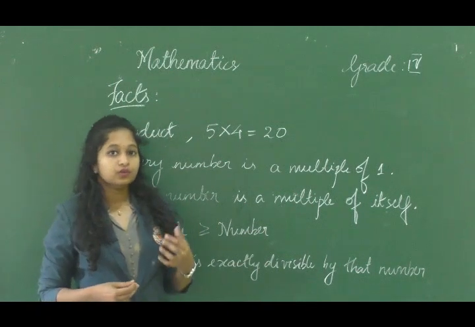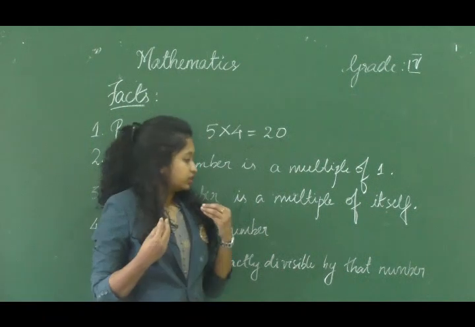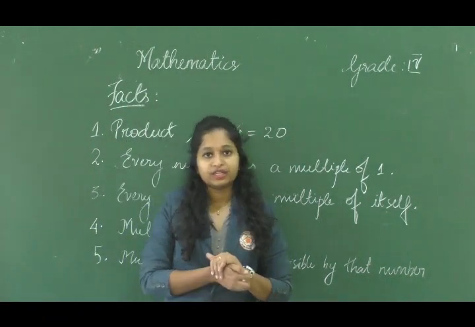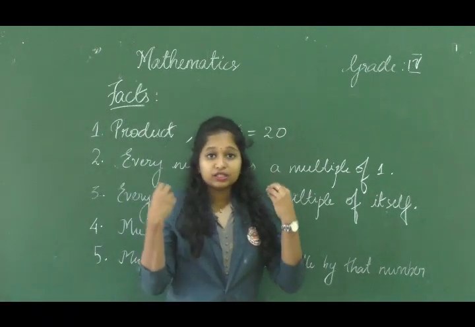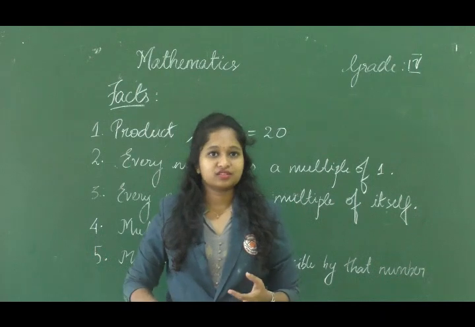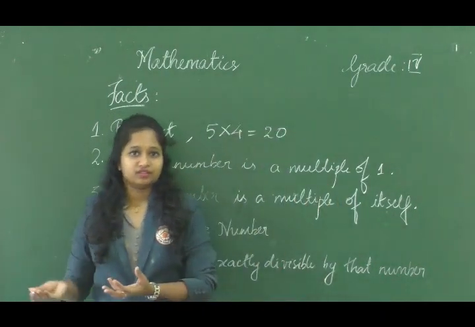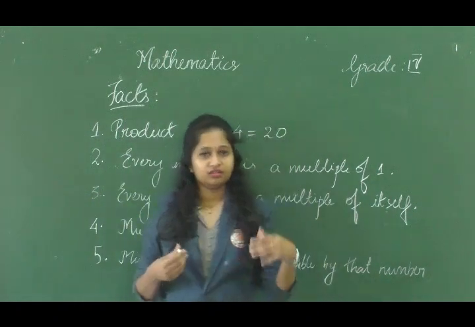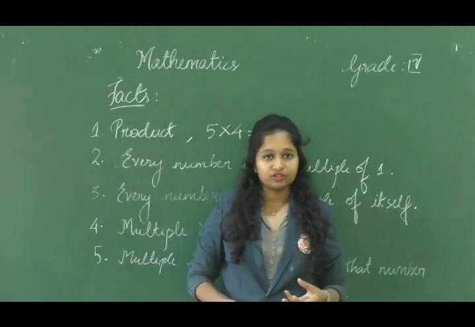So always the multiple of a number is exactly divisible by that number. And the last fact is the multiples never end. We can multiply and keep on multiplying, isn't it? So multiples never end.